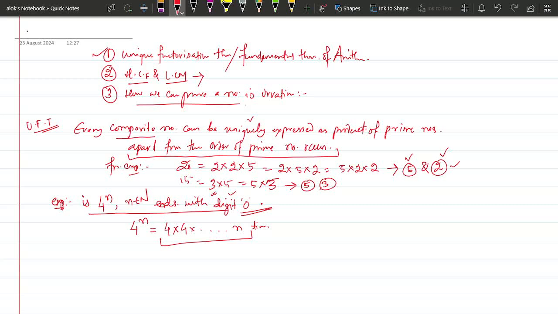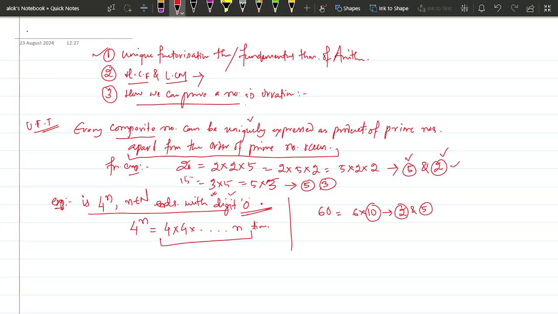Any number which ends with digit 0 must have factor 10. For example, 60 can be written as 6 into 10, and we know 10 has only the prime factors 2 and 5.